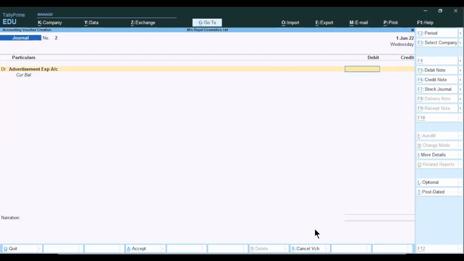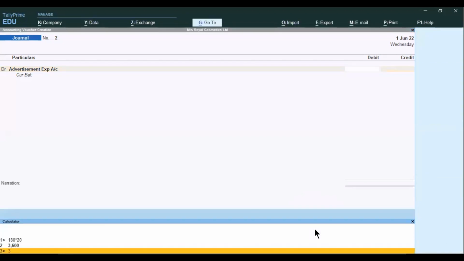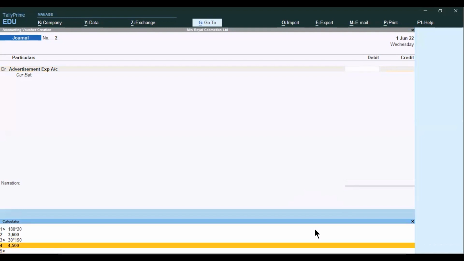So the rate per bottle of hand sanitizer was 150, as we have just checked the rate also. So suppose 30 bottles were distributed as free sample. For calculation, we open the calculator by pressing Ctrl plus N. So 30 bottles into 150, the amount comes as 4,500. Just put your cursor on that amount, press Ctrl C, so that amount will get copied.